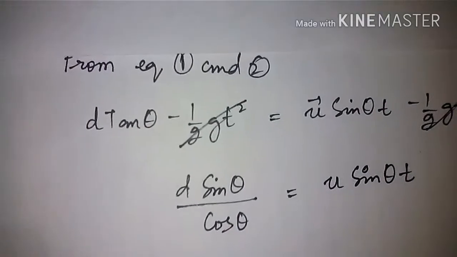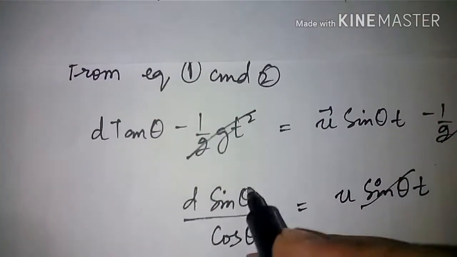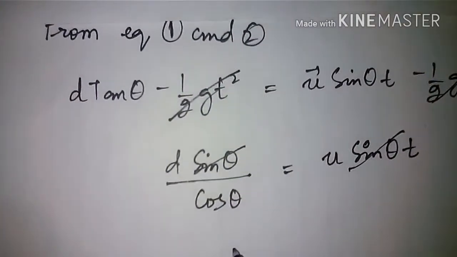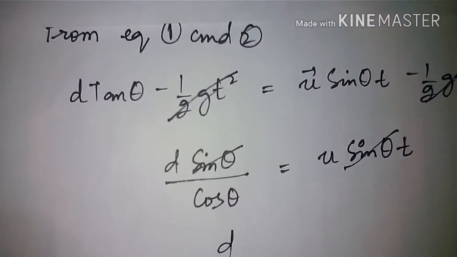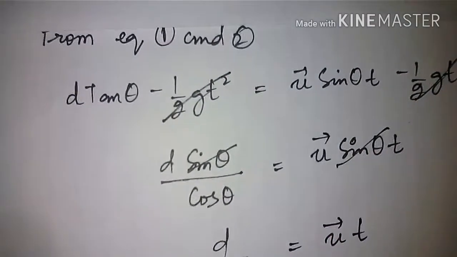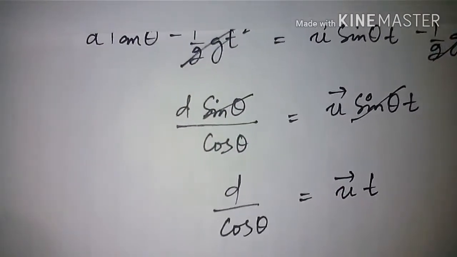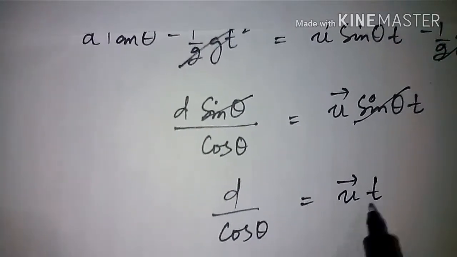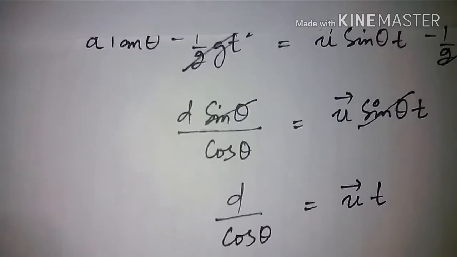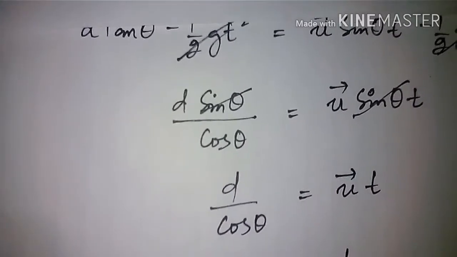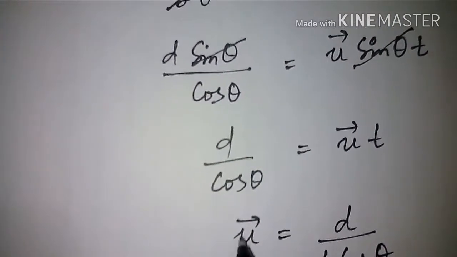I'm going to cancel out this sine theta and this sine theta, which leaves me with only d over cos theta equals u t. All right, let's keep it simple. Now I'm going to take this t to the other side, which will leave u equal to d over t cos theta.